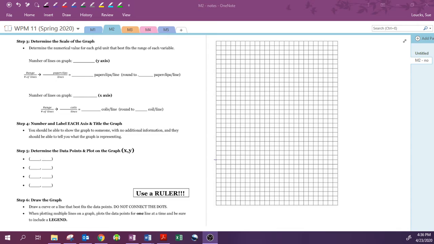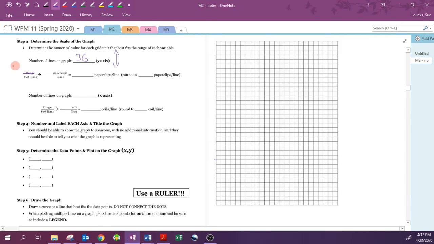Okay, so the first thing you want to do is figure out how many lines are on the graph. We'll do the y-axis first. So the y-axis is the up and down axis. Okay, and on this graph there are 36 lines. I'm not going to do the range.